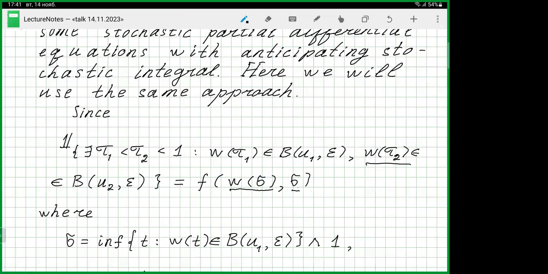Actually, this random function f is nothing else than the indicator that starting from this moment of time, we will hit this ball B U2 epsilon.